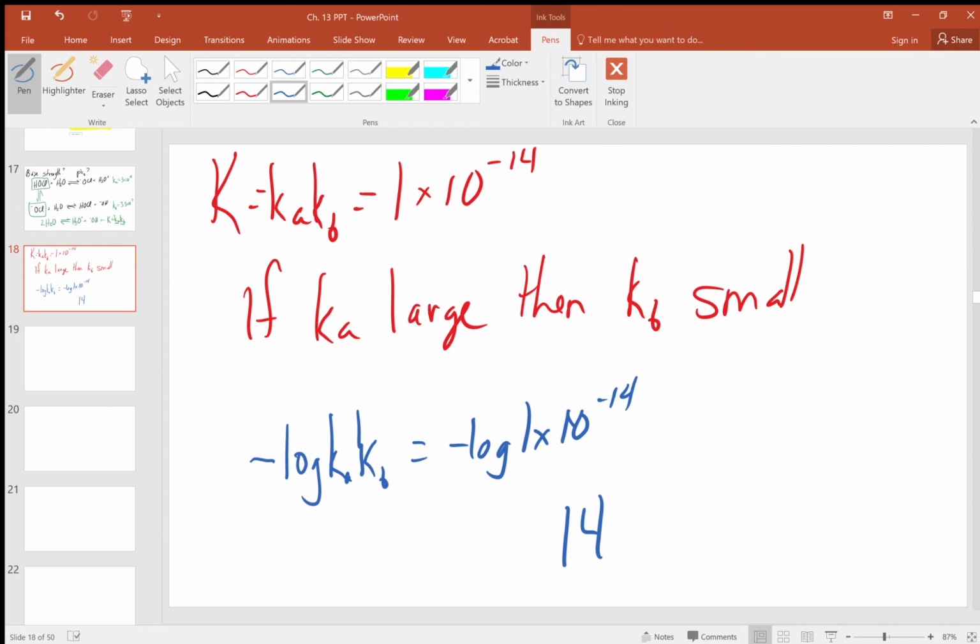And remember, if you multiply two things that are inside a log, that becomes the same thing as adding their logs together. So this becomes pKa plus pKb is equal to 14. So there's always an inverse relationship between pKa and pKb, and we don't end up needing two separate scales for it.